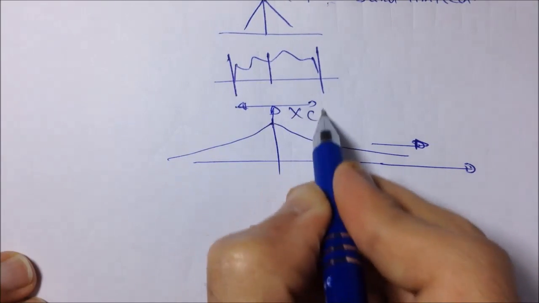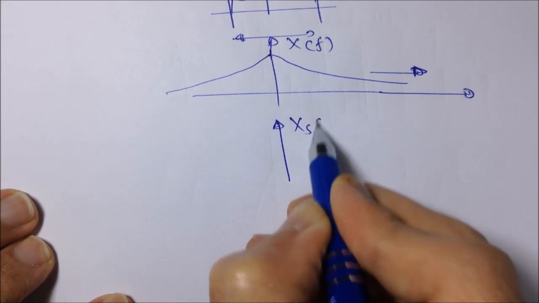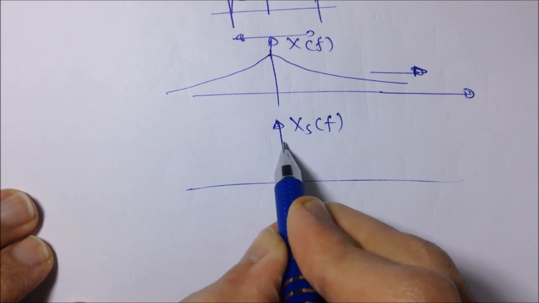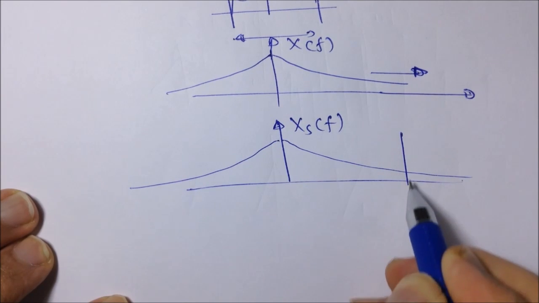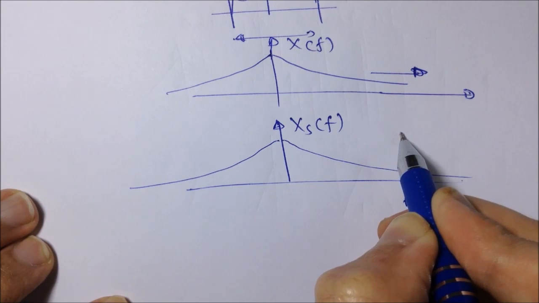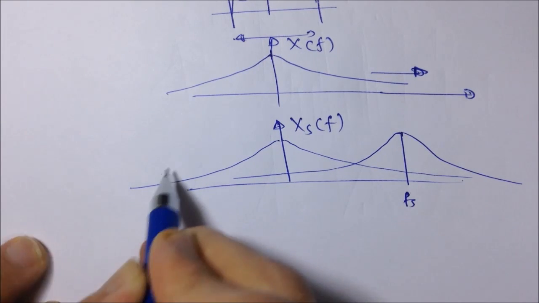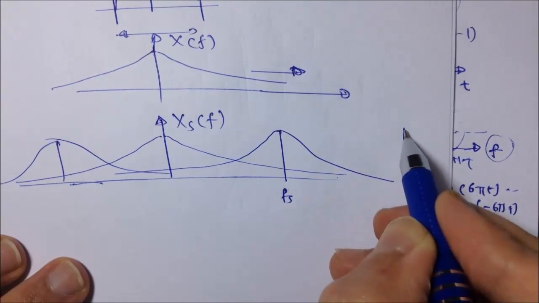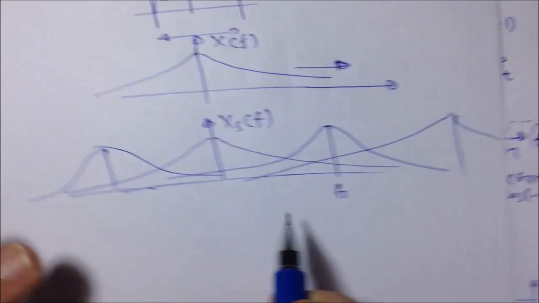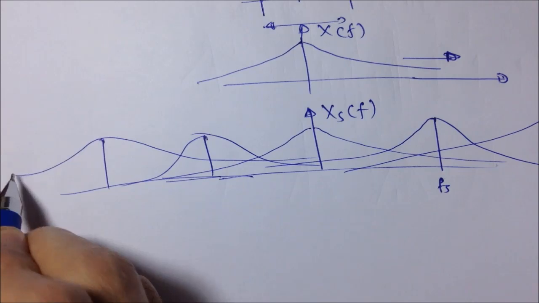If this is X of f, then X s of f, which is X of f plus, this is fs, X of f minus fs, and X of f plus fs, and X of f minus 2fs, and X of f plus 2fs, it will be a mess.